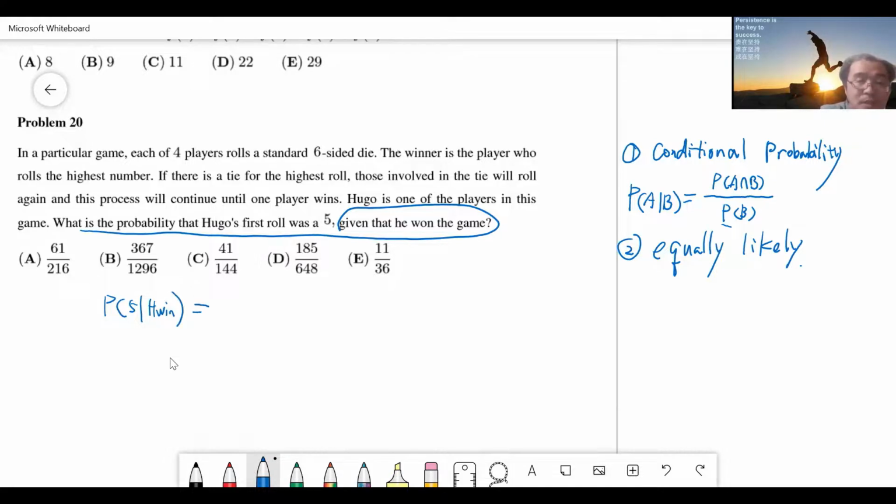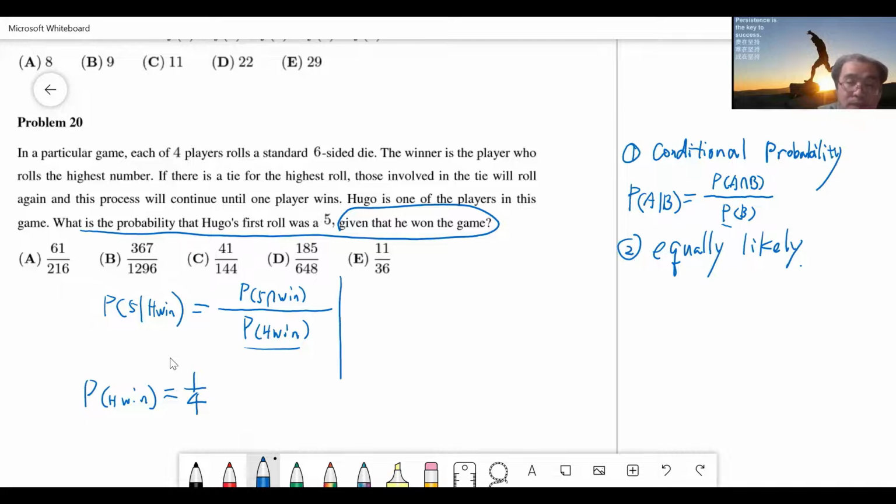So that's equal to the probability he got a 5 and he wins, over the probability Hugo wins. It's easy to find the probability for Hugo to win. Because of equally likely, we have 4 players, so he has 1/4 of a chance to win. So this is already 1/4.